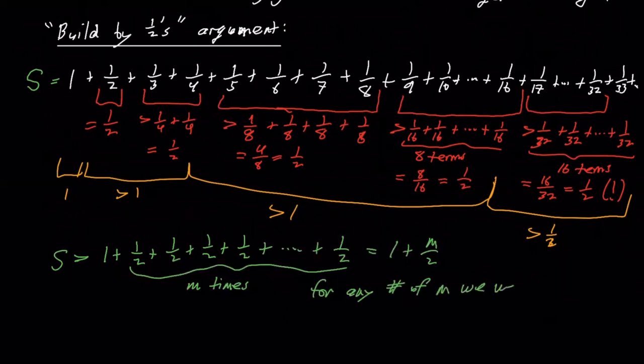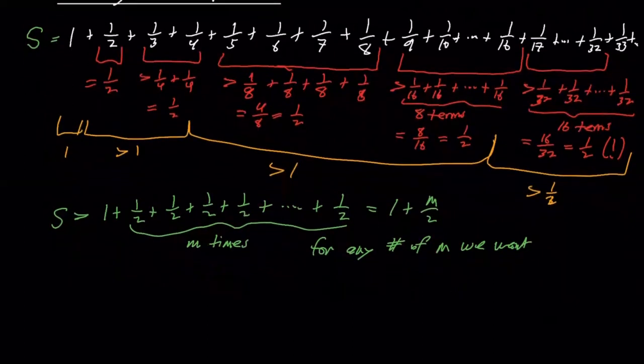And therefore, we can make this sum as large as we want. So this means S, for any number m we want, I guess I should say. And this means that S goes to infinity.